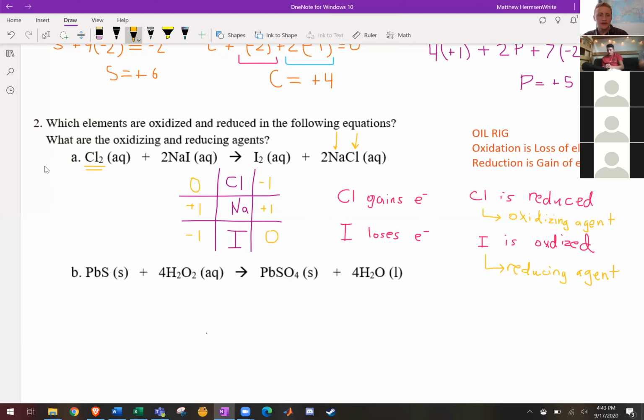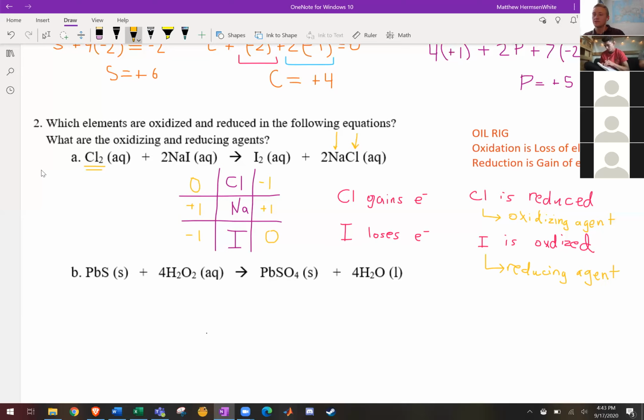What questions do you have on number 2, part A? Just to clarify, is it supposed to be flipped like that? Chlorine is reduced, meaning it's oxidizing, so it's the oxidizing agent. So yes, they are flipped.